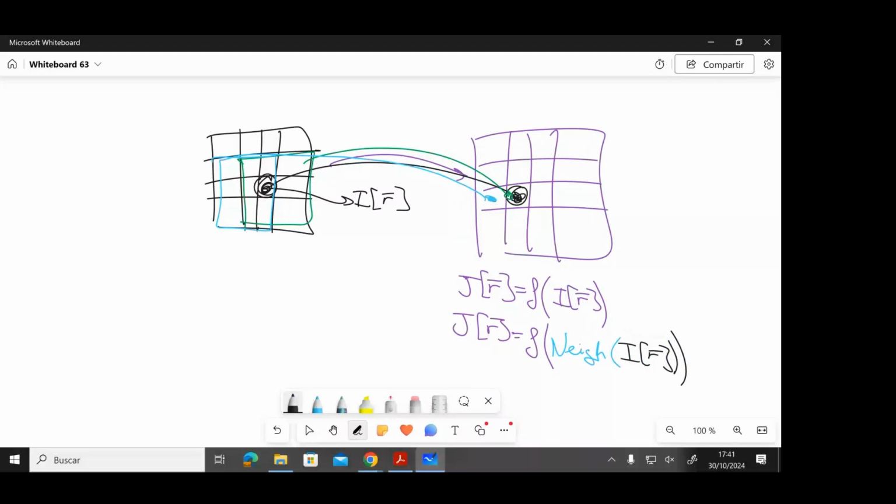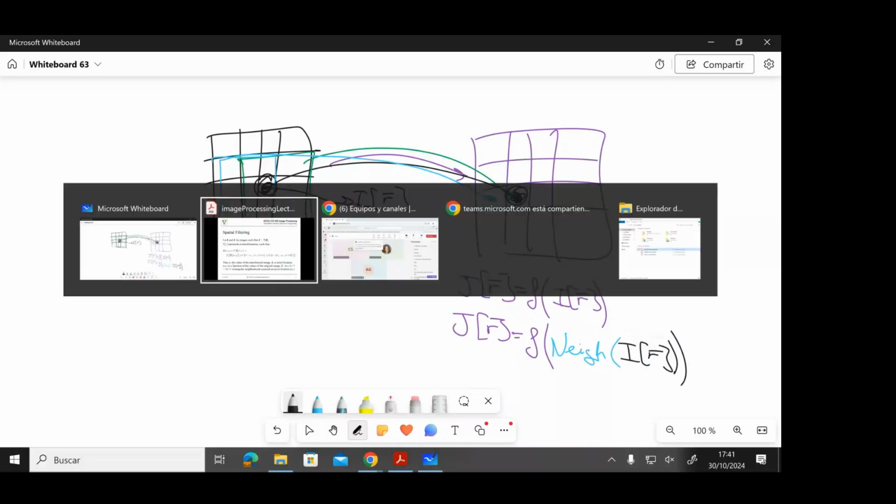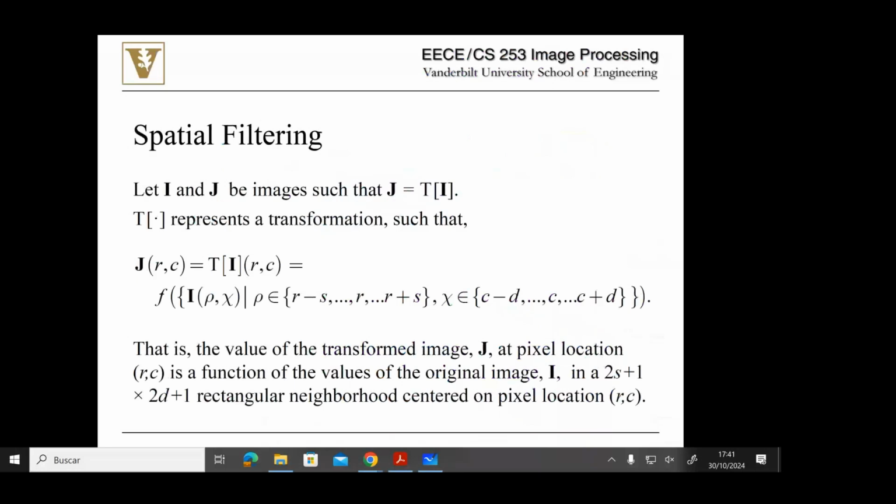So it is not a point to a point, but a region to a point.